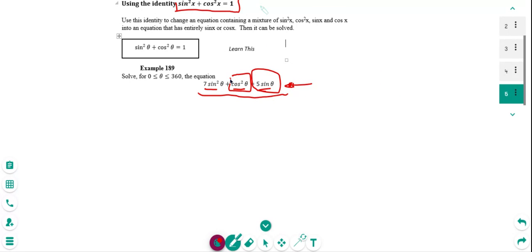So I'm going to take our trig identity and rearrange it to make cos squared the subject. So we get cos squared x equals 1 minus sine squared x. And what that gives me, if I replace the cos squared, I should say theta. Theta and x are interchangeable.